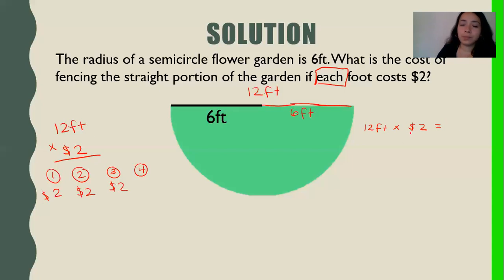Good. 12 times 2 is 24. It would cost a total of $24 to create that fence for your garden. Really good.